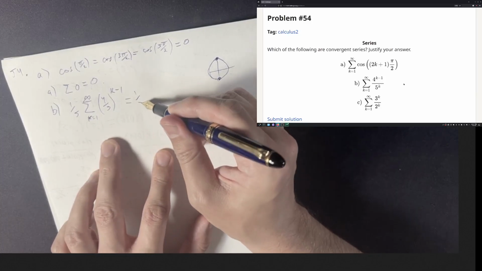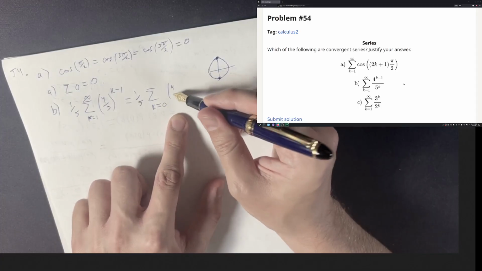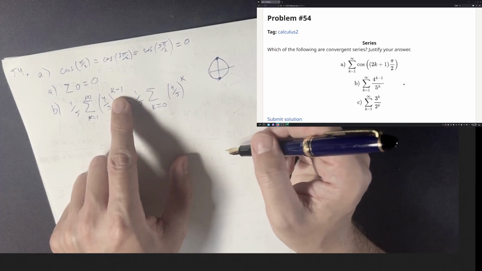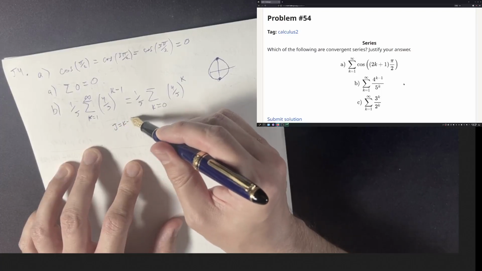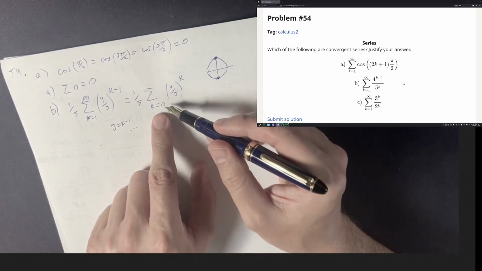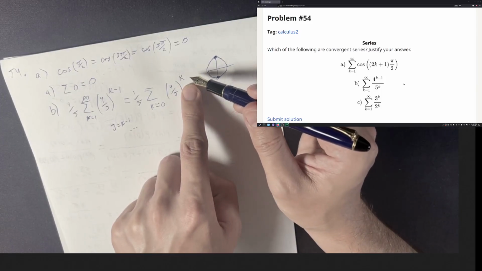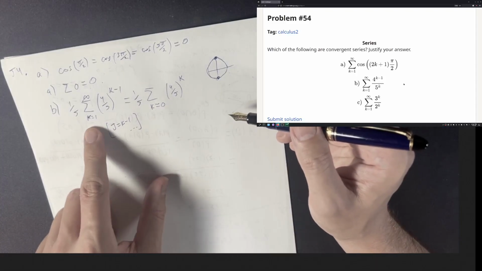So this is the same as this series. If we let k start at 0 instead, you could just replace this with k. If that's confusing, though, you could just do a literal substitution. You could say, like, j is k minus 1, and yada yada. j goes from 0 up, and this becomes j. So this is basically all I did. I just replaced k with a new variable.